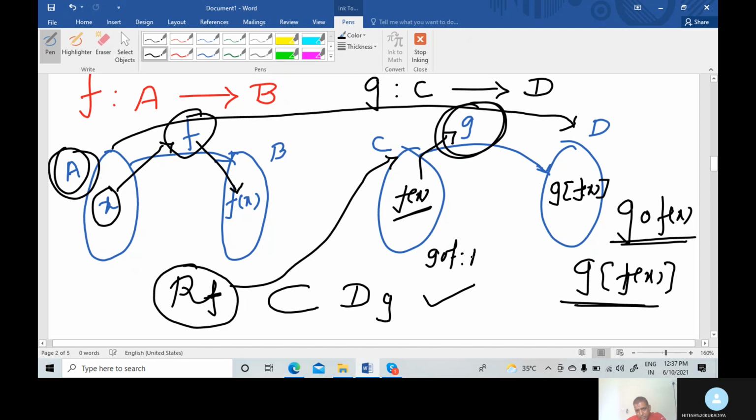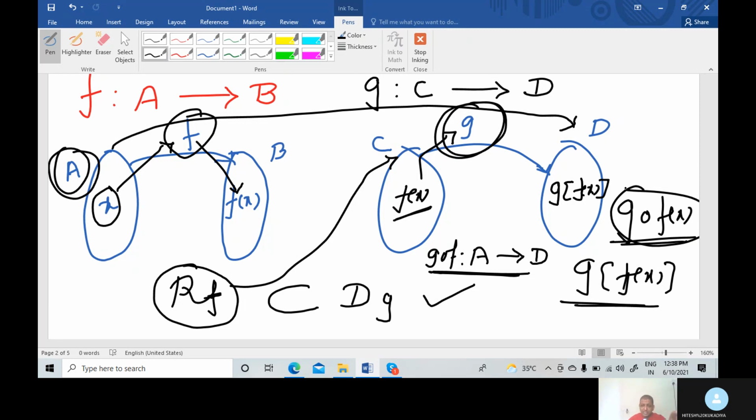So the g∘f function's domain is A and codomain is D, right? So the g∘f function is from A to D. So this one is important, and g∘f(x) is also important. Is that clear? So it is called g∘f(x).